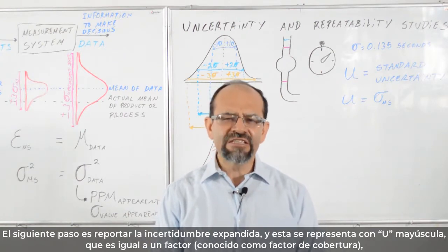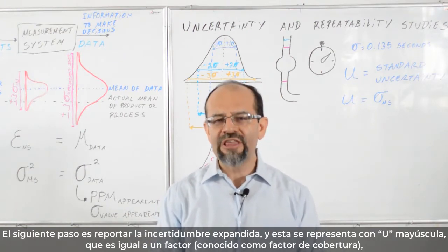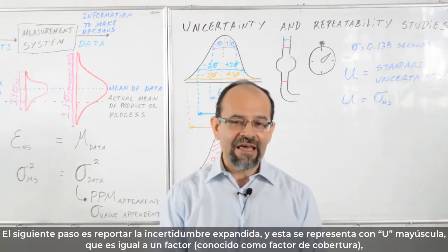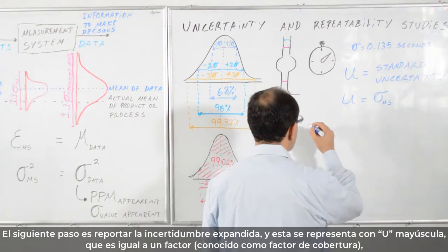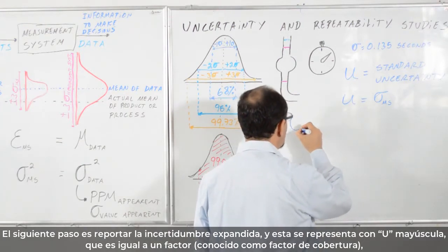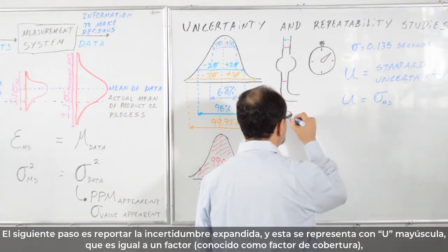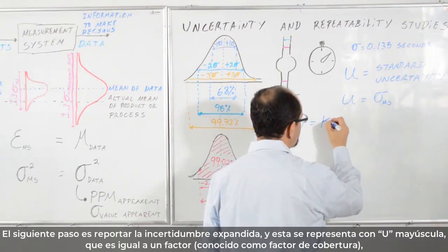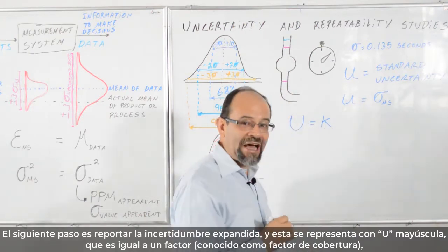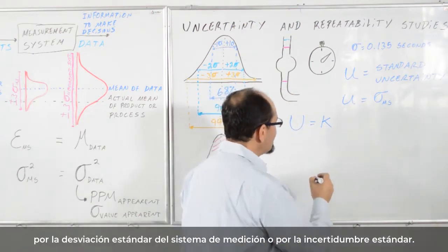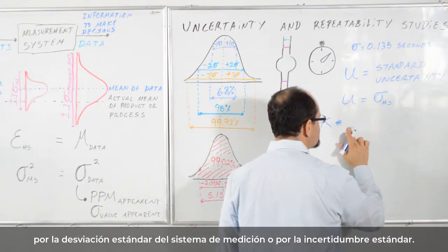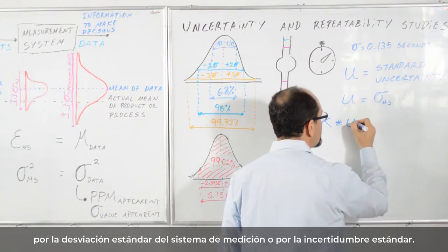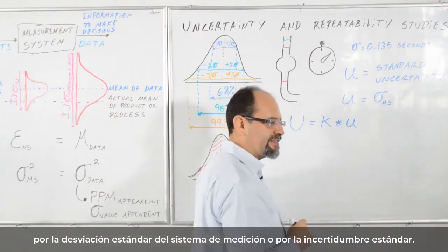The next step usually is to report the extended or expanded uncertainty. And that uncertainty is capital U equal to a factor, known as the coverage factor, times the standard deviation of the measurement system, or the standard uncertainty.